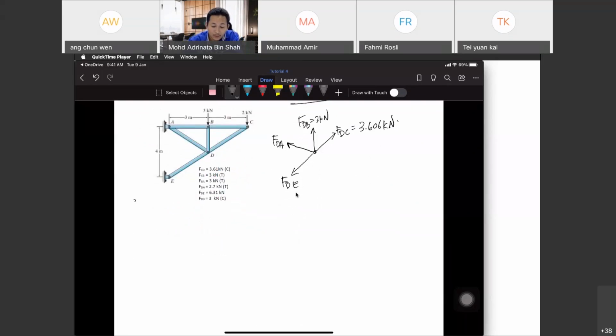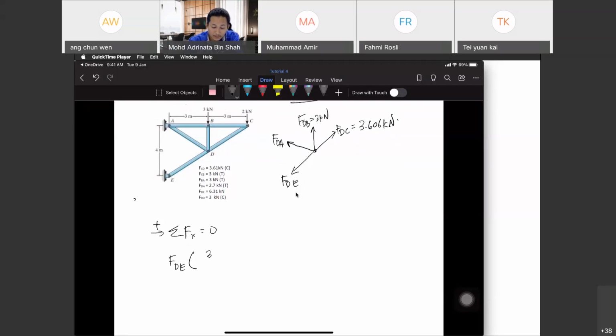So summation of Fx equals to 0. To the right is positive, and we have FDE times 3 over square root 13 because this is the same.